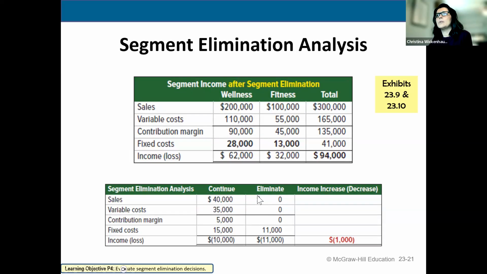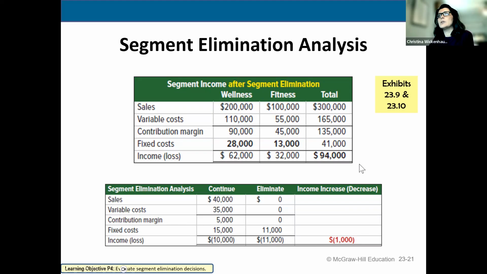Now, if we eliminate it, we're not going to have any more sales. We're not going to have any more variable costs. That means we're not going to have any kind of contribution margin, but there are $11,000 in fixed costs that aren't going to go away. So if we eliminate it, we're actually going to lose an additional $1,000. So it makes sense to continue producing the treadmills.